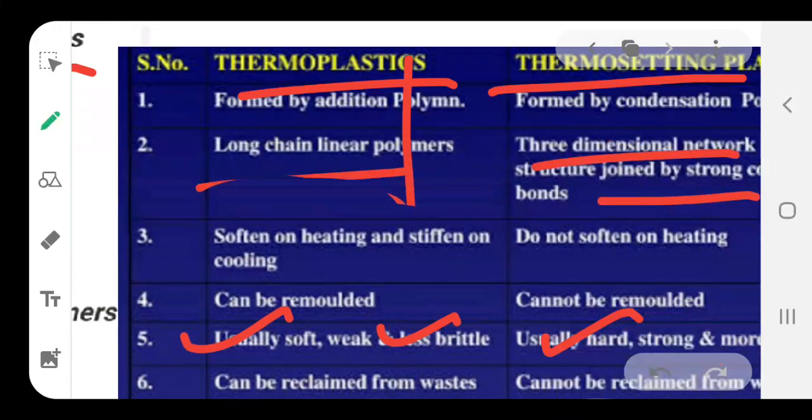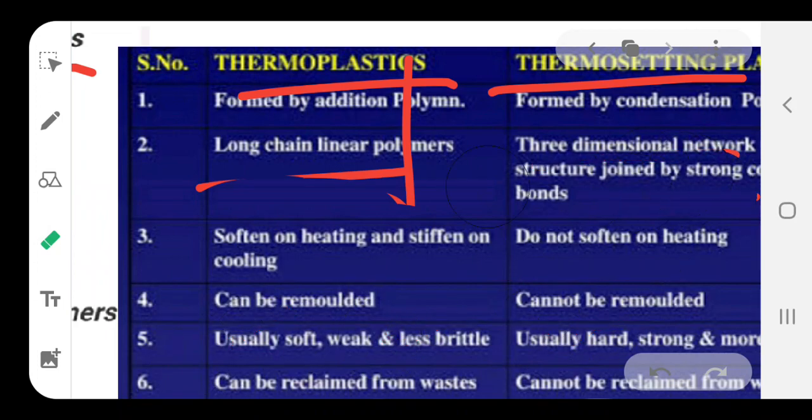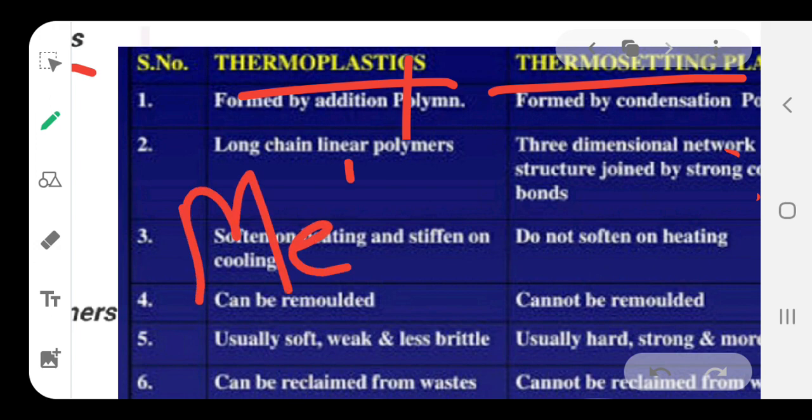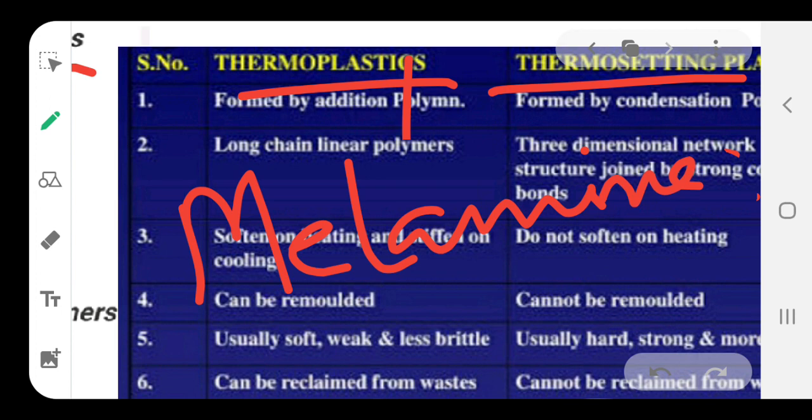As you can see, these two terms are quite common and written in your books in a very good manner. In case of the fiber that I have just told about, call the word melamine. Write down that word melamine. This is again heat resistant.